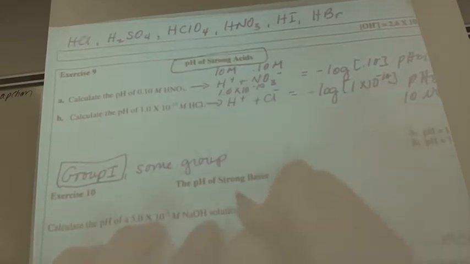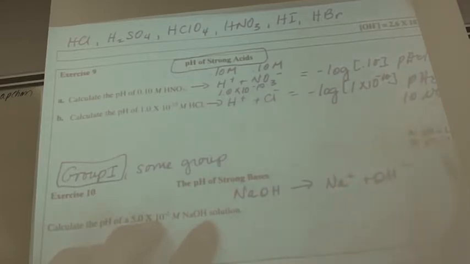Okay, NaOH dissociates like this. So if you have 0.05 molar NaOH, you have 0.05 molar Na ions, and you have 0.05 molar hydroxide ions, correct?